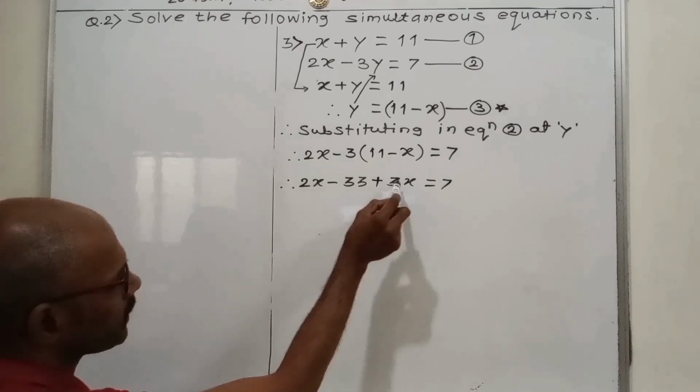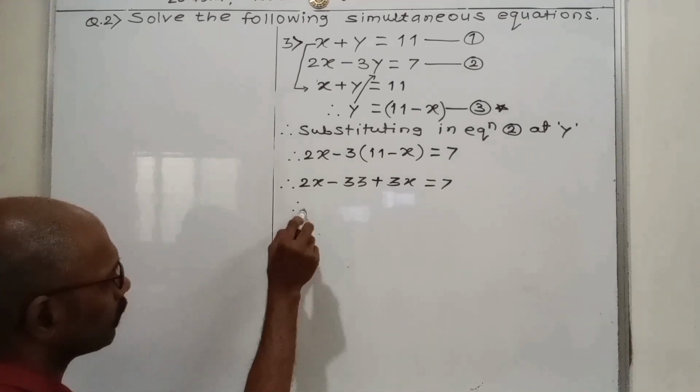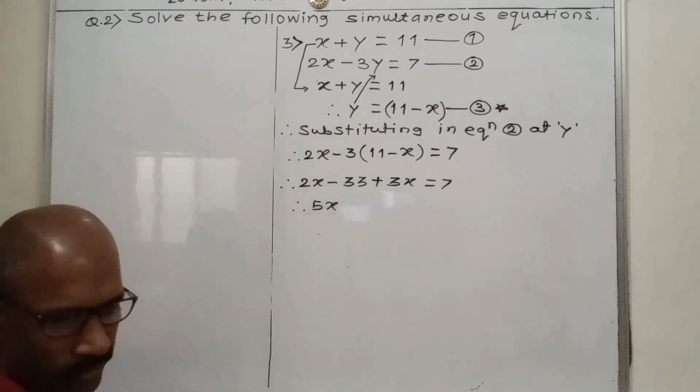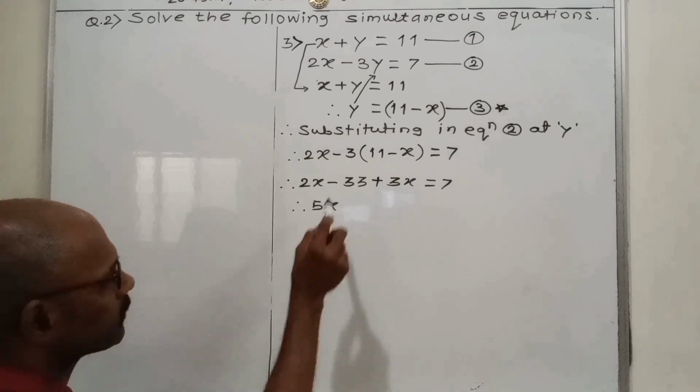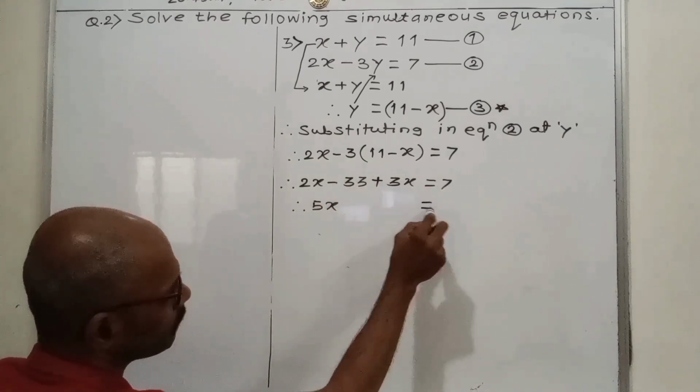Now 2x and 3x are like terms, we add 2x plus 3x, 5x, and minus 33 and 7 are like terms.